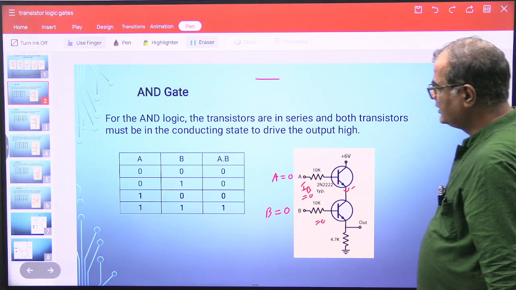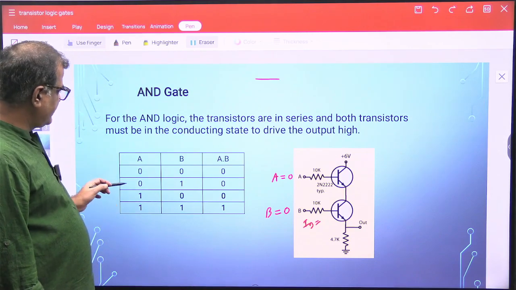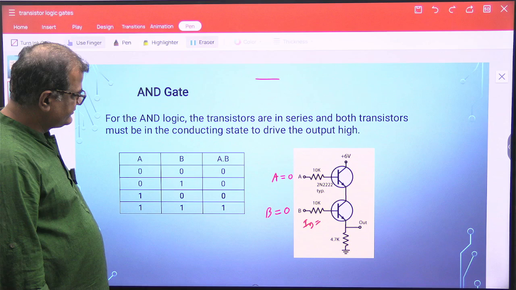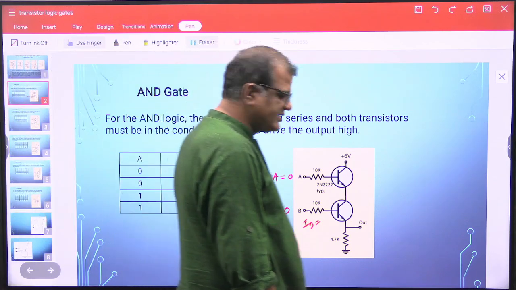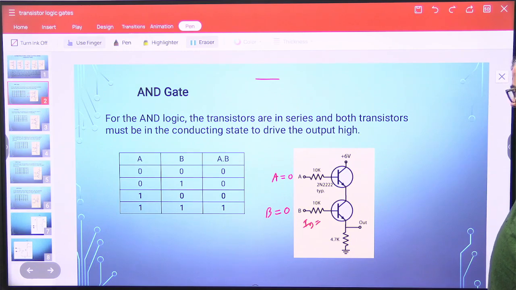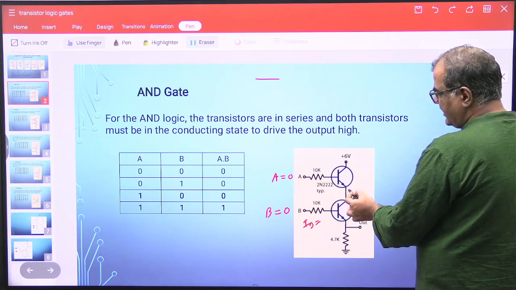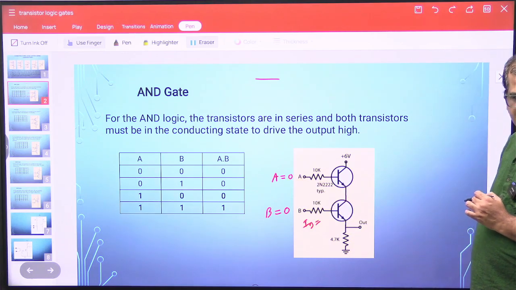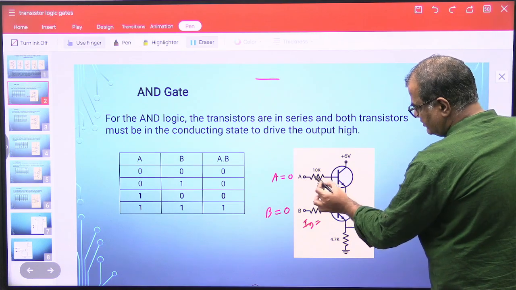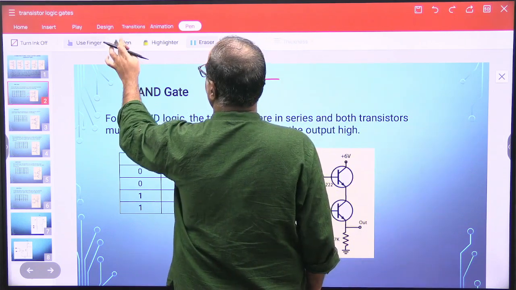Okay. So now if B is 1. Okay, B is high. 1 means B is high. So obviously if B is high, and A is 0, if A is 0, automatically this current is not flowing.